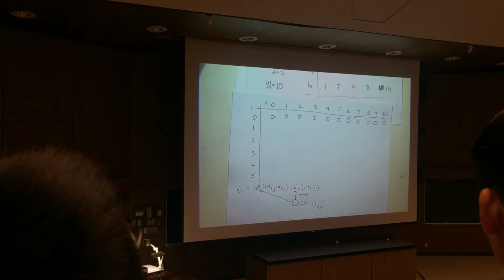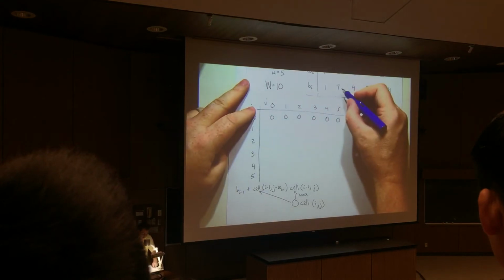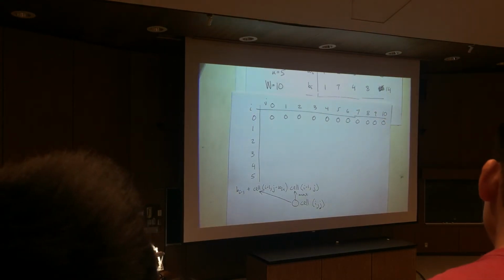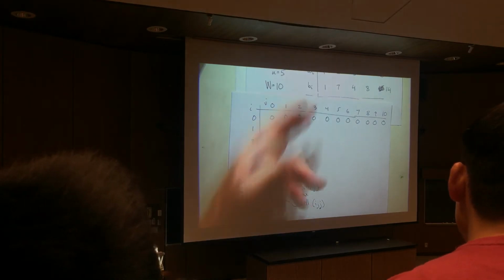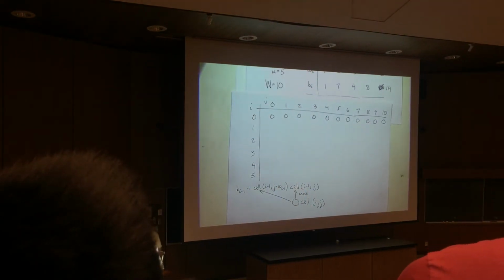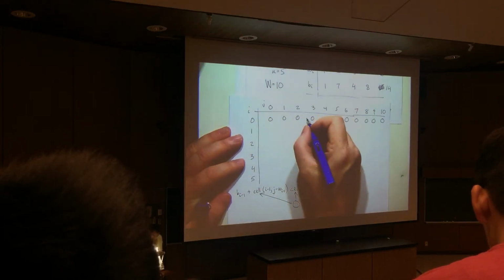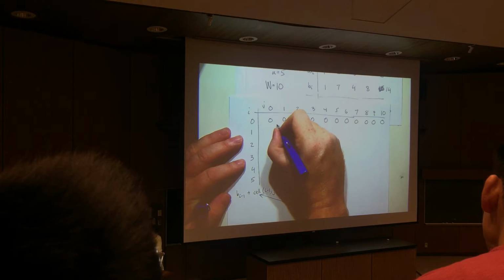So we look up and to our left. How far to our left depends on the size of the weights of these items. What we add to it is the benefit of these items. So item 0 has weight 1.